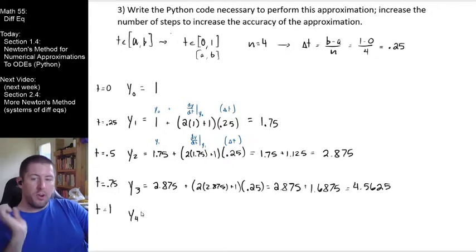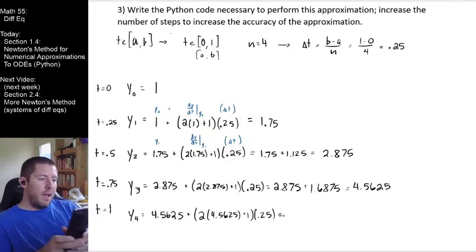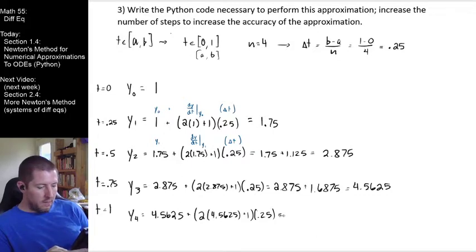To get our y4, we're using our y3 information, right? So 4.5625 plus 2 times 4.5625 plus 1. And we're going to do that for 0.25 seconds. If I go to my calculator, multiply by 2, add 1, and do that for a 1/4 of a second, I'm going to get 2.53125.